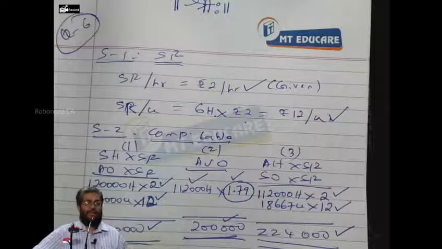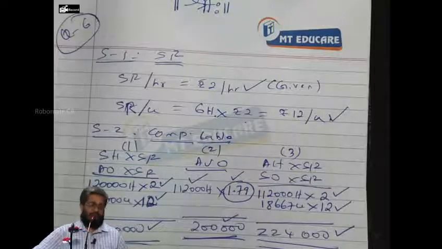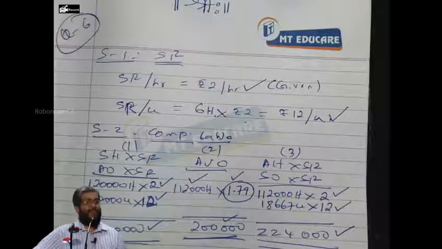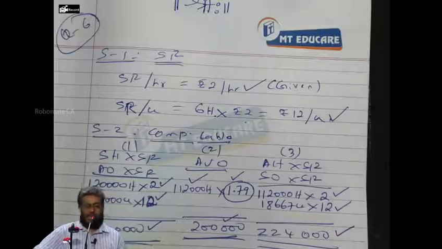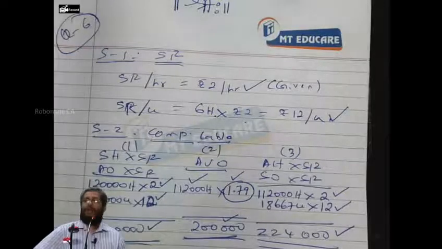And more the labor hours, more the variable overheads. I am just showing you the link, how the cost driver works. Output is a cost driver for hours, hours a cost driver for the variable overheads. Can I proceed or not?